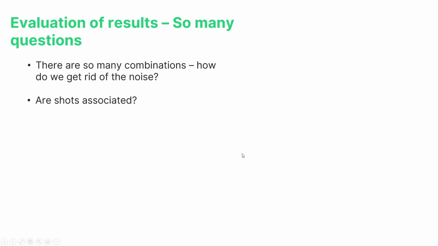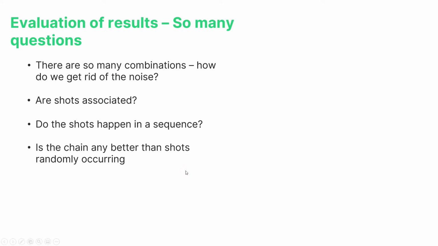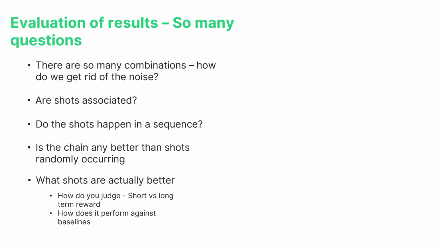I want to know what's actually associated. I want to know that certain shots are actually happening in the sequence that's required. And importantly, I want to know that these shots are happening because it's intended, it's related, not just because it's happening at random. And then looking at what's actually better, judging that against a long-term and a short-term reward.